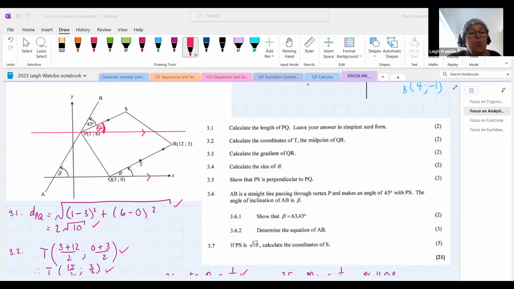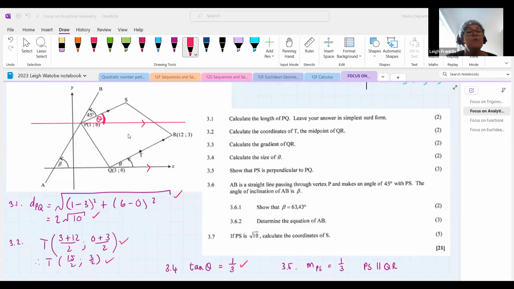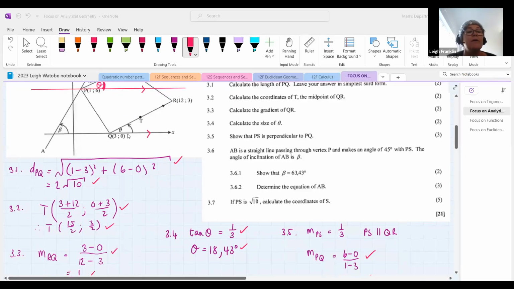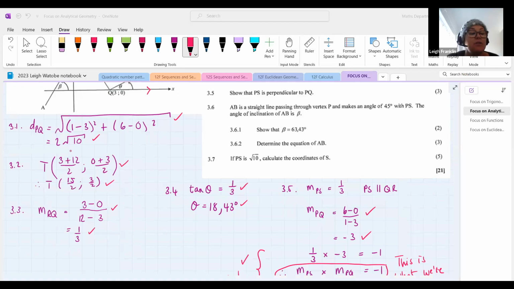Okay, so we can see that theta is the sum of these two. So I think what we would need to do in a situation like this is indicate that we have drawn a horizontal line through P, and let's just put it over here, 3.6.1.